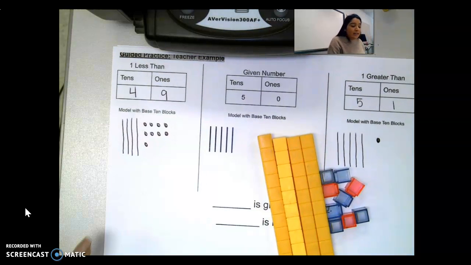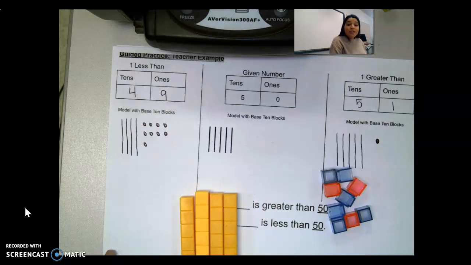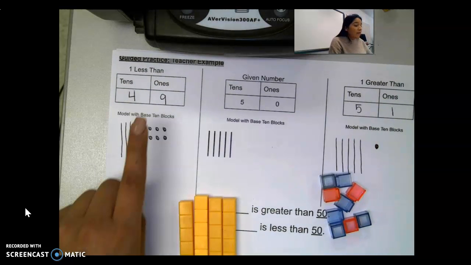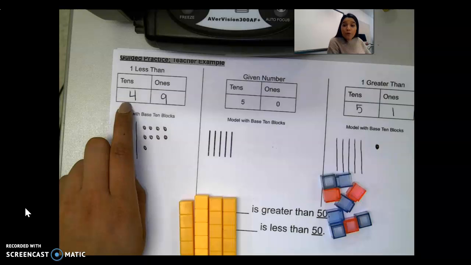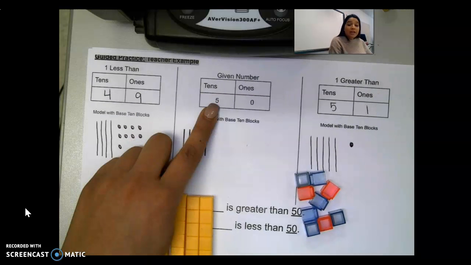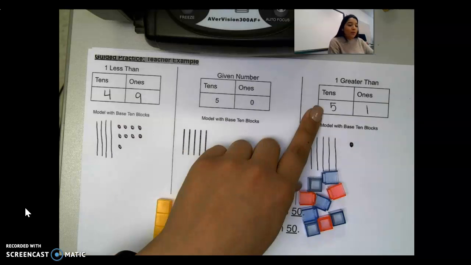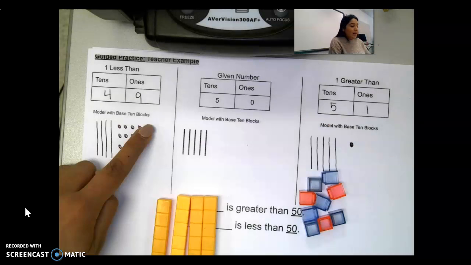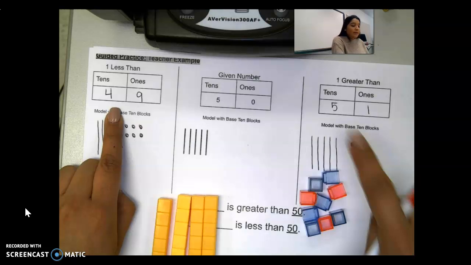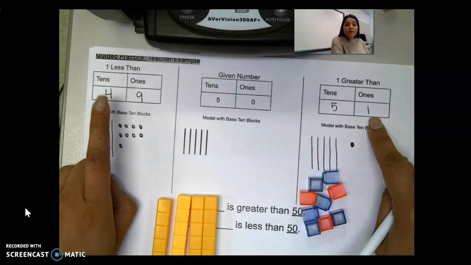I have 9 circles. So now we have 1 less, which equals 49. So with our given number, we were able to generate a number 1 more and 1 less. So we have 51 and 49.